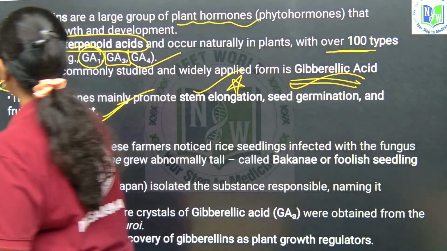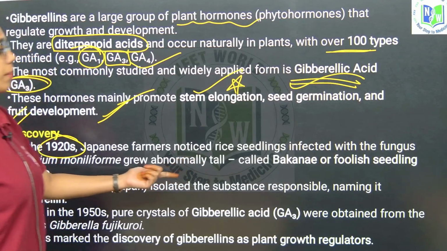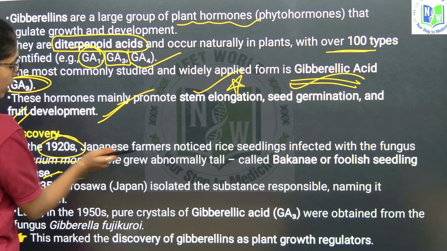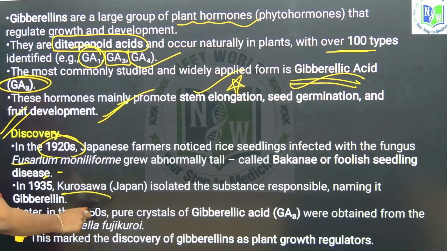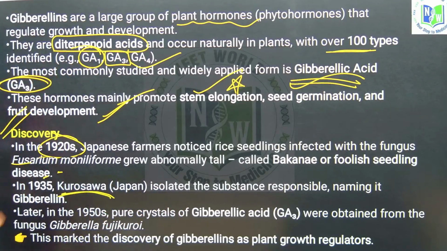Discovery of gibberellic acids. In the year 1920, Japanese farmers noticed rice seedlings infected with Bakane foolish seedling disease by the fungus Fusarium moniliforme. In 1935, the scientist Kurosawa isolated the substance which is responsible for this infection, naming it Gibberellins.